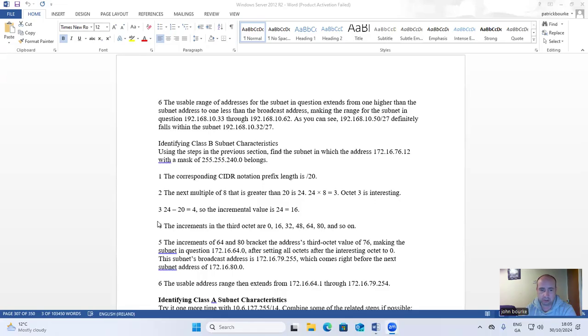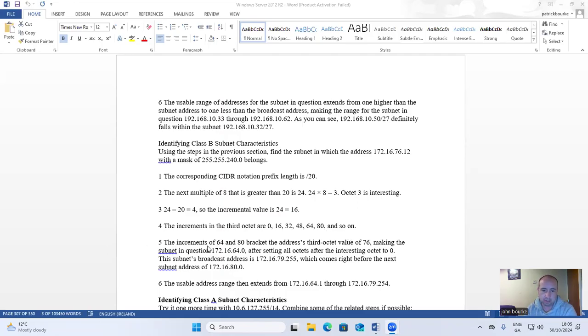Octet 3 is interesting. 24 minus 20 equals 4. So the incremental value is 2^4 equals 16. 4. The increments in the third octet are 0, 16, 32, 48, 64, 80, and so on.